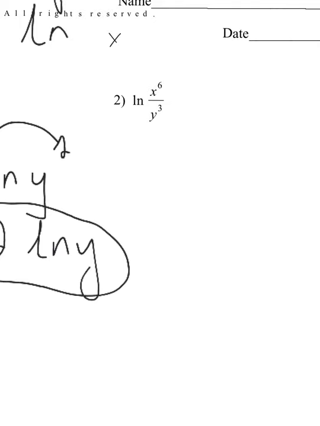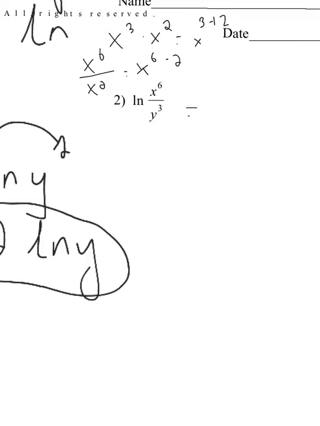Remember when we did x cubed times x squared, you were doing 2 plus 3 or 3 plus 2, and then when we did x to the 6 over x squared, you did 6 minus 2. That's what I'm talking about, okay? Division, subtraction, multiplication, addition. You gotta kind of memorize this.